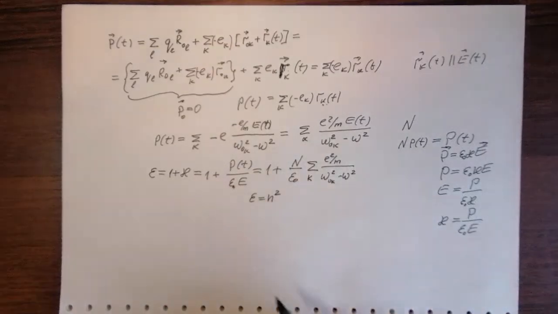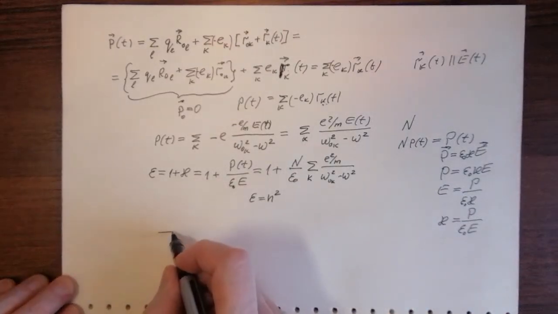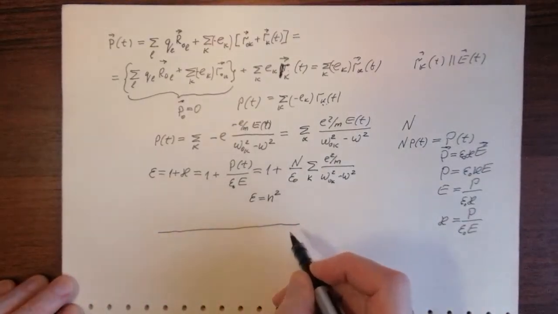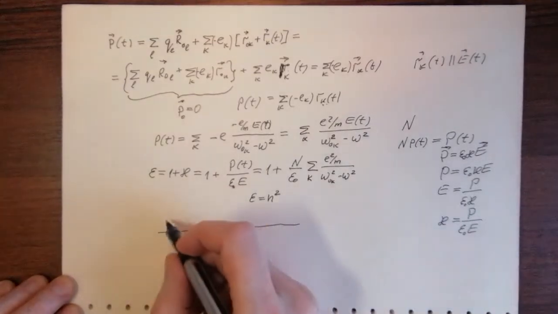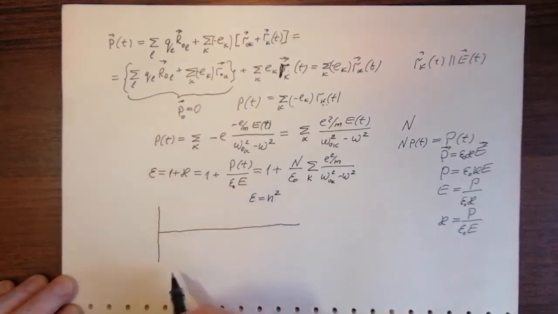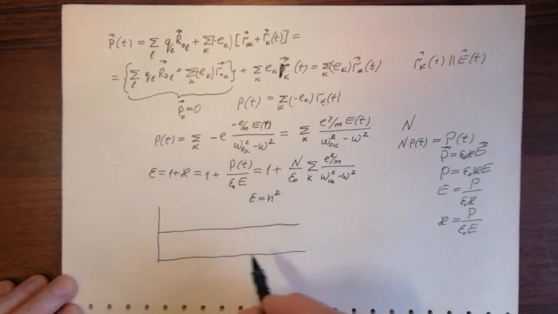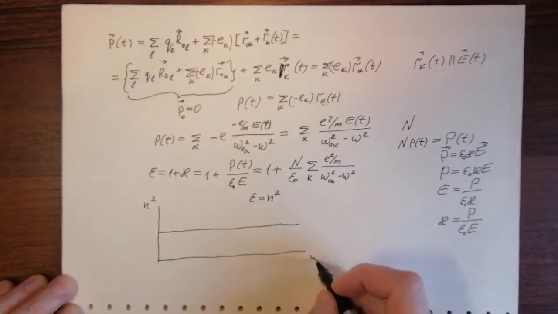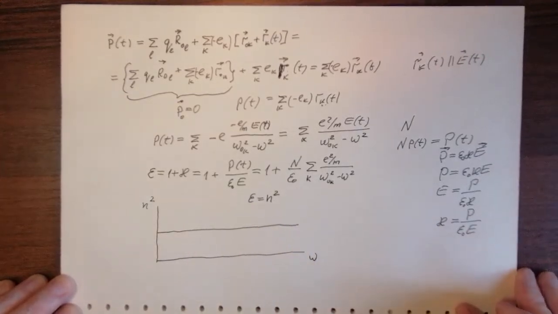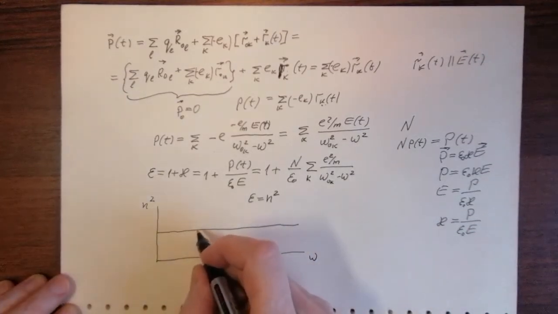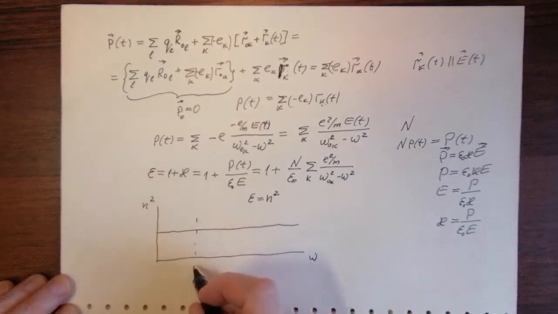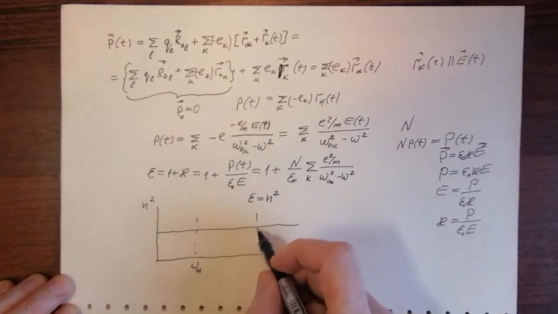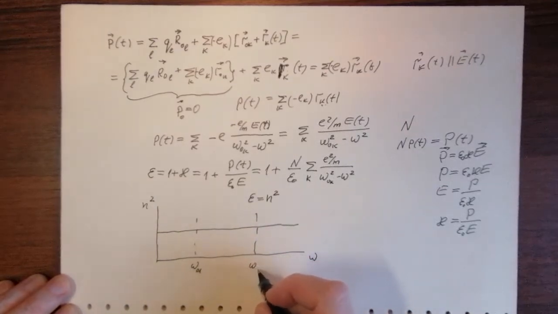So if we plot a graph, then we will have something like that. This is n squared, this is omega, this is some value omega 0,1, somewhere here is omega 0,2, and so on.